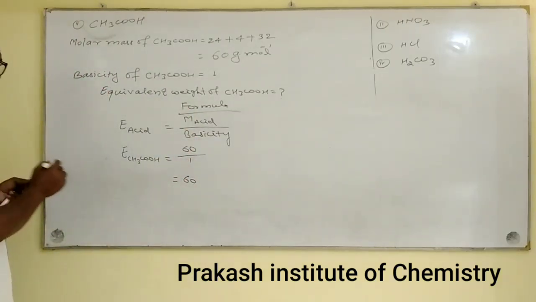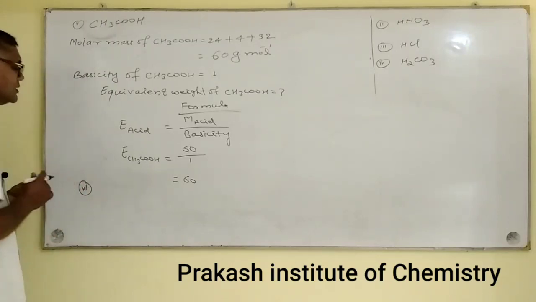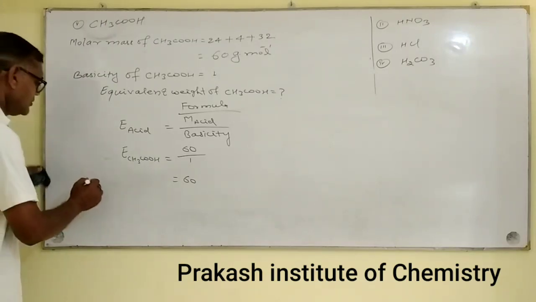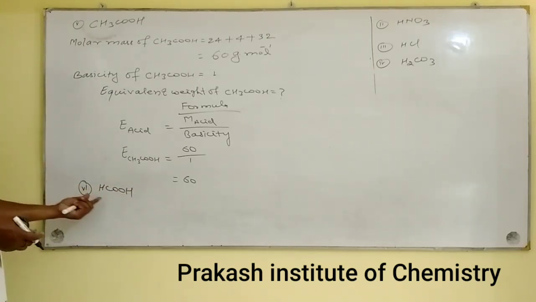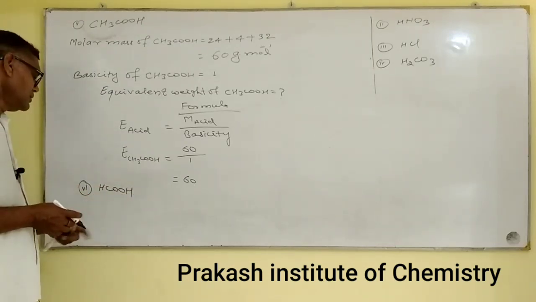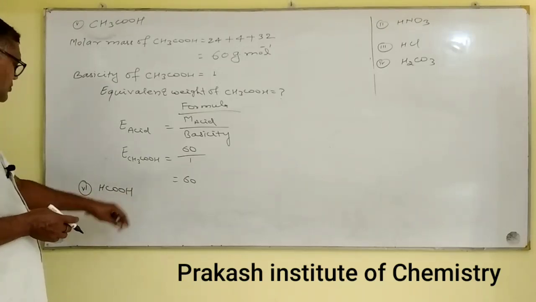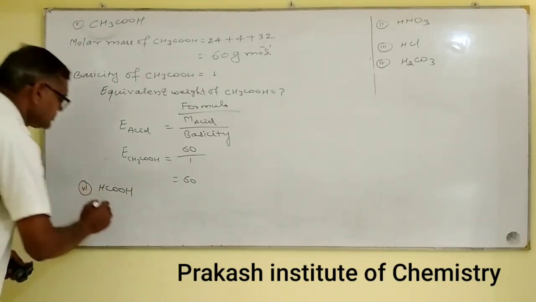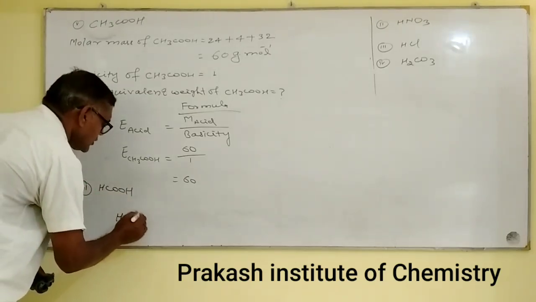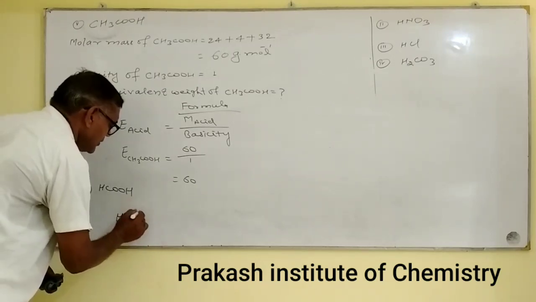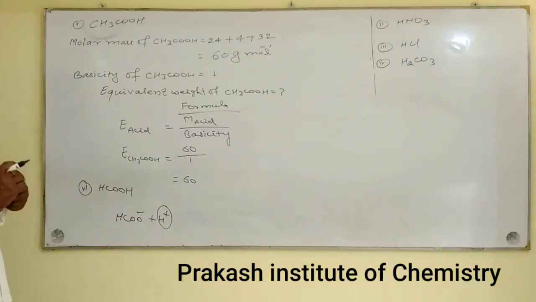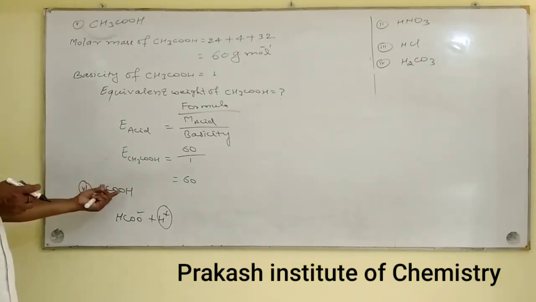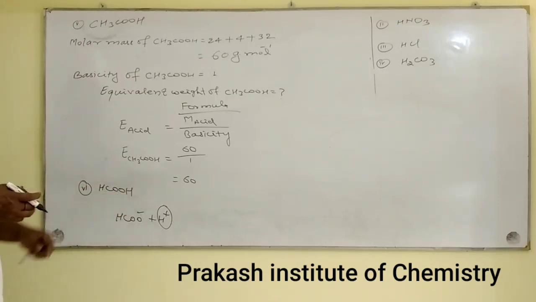Now we write HCOOH, it is formic acid. In formic acid, one hydrogen ion is present, therefore basicity of formic acid is 1.